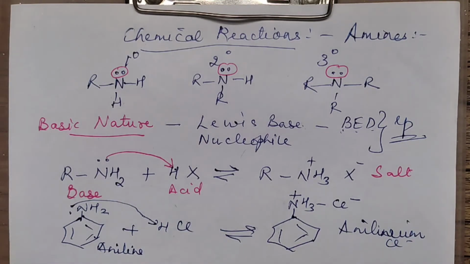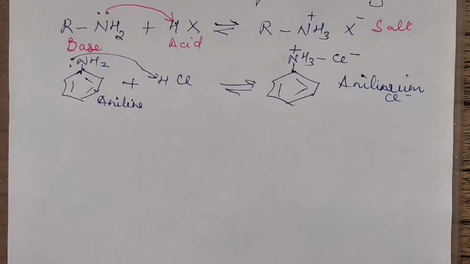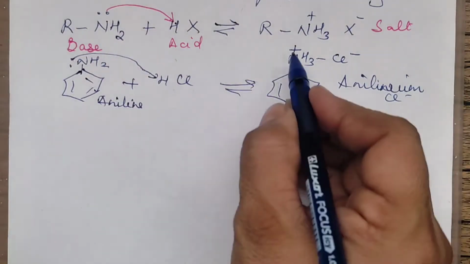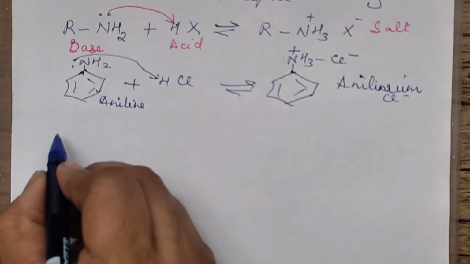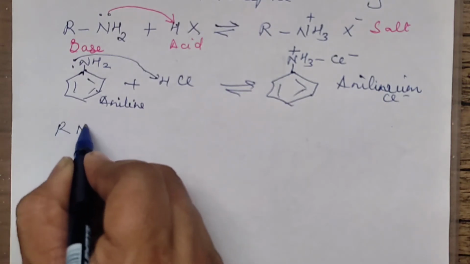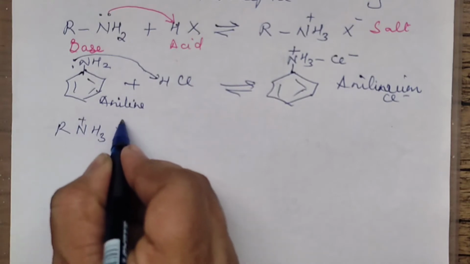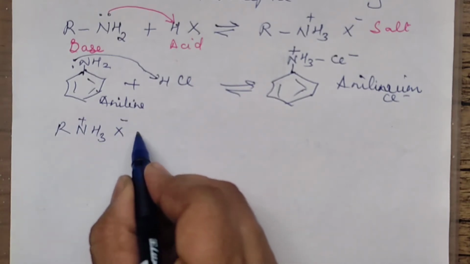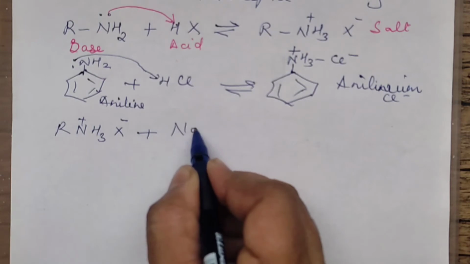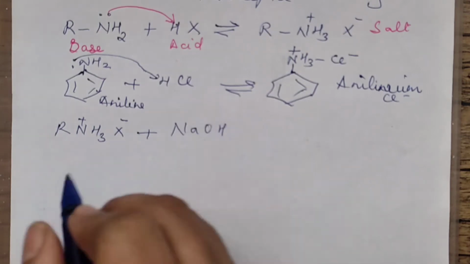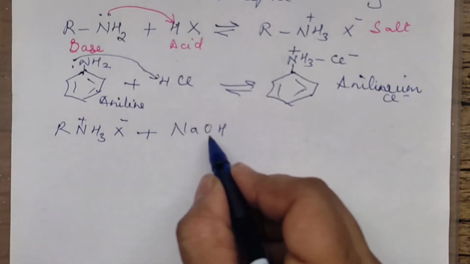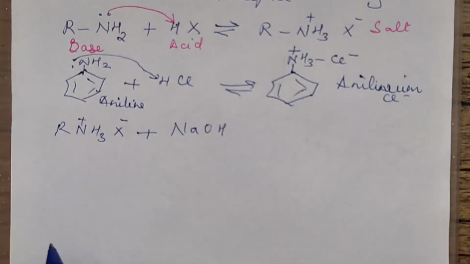Now, what we will discuss further is these amine salts which we have considered, say for example RNH3X. This is positive, this is minus. When this is treated with a base, say NaOH, it will regenerate the primary amine. How will it regenerate?